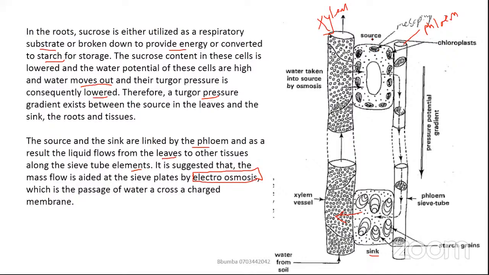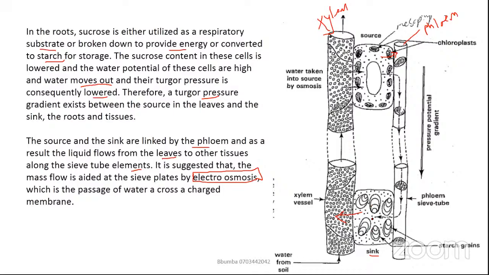The moment they have made the sugars, they will be actively taken into the phloem. Once they're in the phloem, water is going to move by osmosis into the phloem, creating a hydrostatic pressure, which is going to bring about the bulk flow of the sugars to the sink.